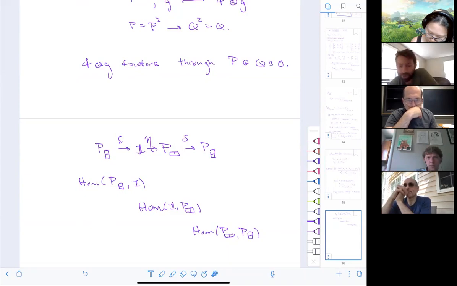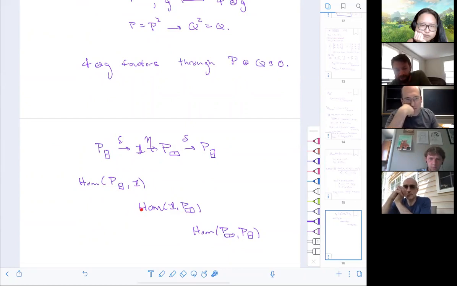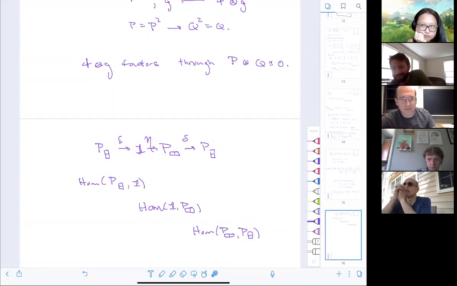I haven't thought about this in quite a while, but you can think of the relationship between these three guys as being kind of like the relationship between group homology, group cohomology, and Tate cohomology, for those of you who like these things.